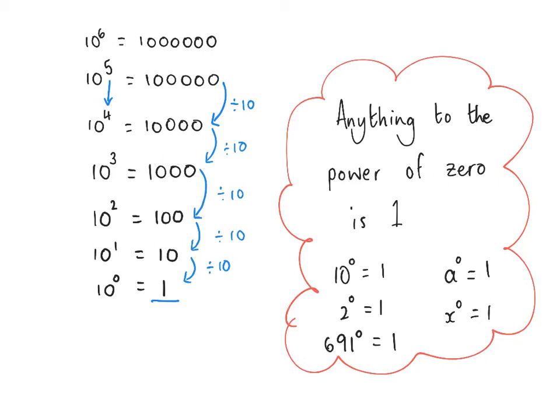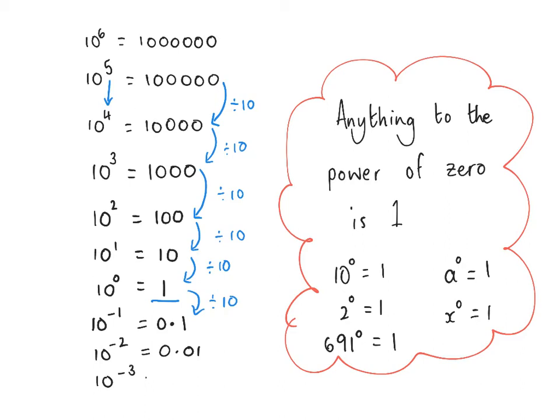The other thing I want to look at, though, is what happens if we keep going down. What happens if this power becomes negative? Well, we would have to just keep dividing by 10. So 10 to the negative 1 would be 0.1. 10 to the negative 2 would be 0.01. I'm just dividing by 10 each time.